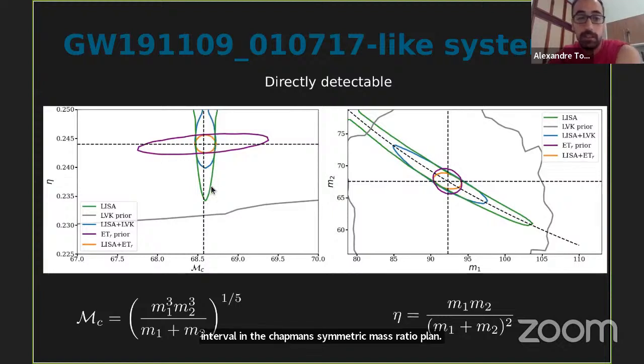You can see that LISA could perform much better than current LIGO Virgo, and that it can measure the chirp mass better than with this rescaled Einstein Telescope that we're considering. However, it performs much worse for the mass ratio. Combining these, when you look at the estimation of the individual masses, adding LISA gives only little improvement, as you can see on the right panel, comparing the orange and the purple curves.